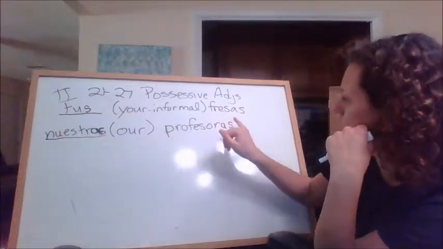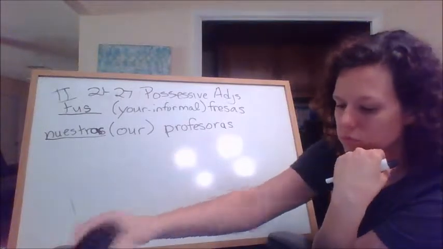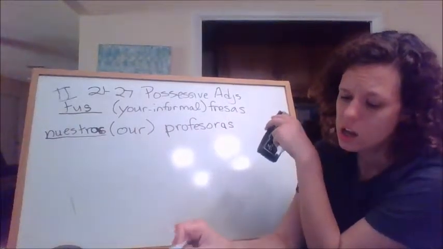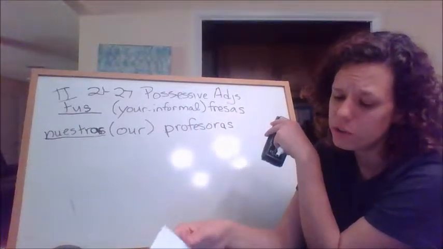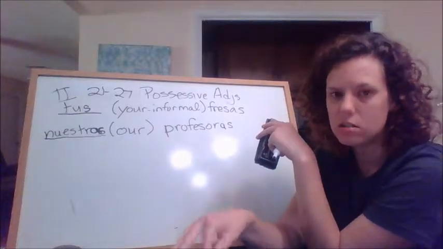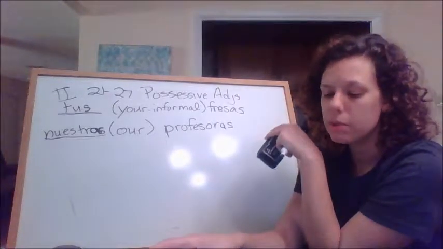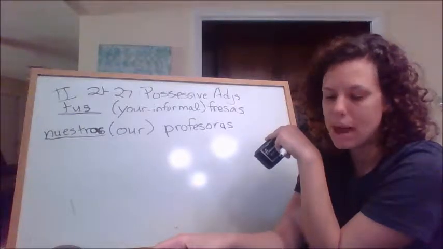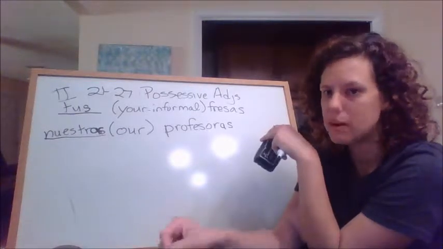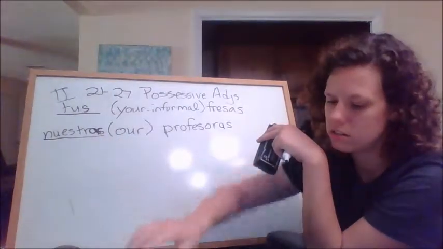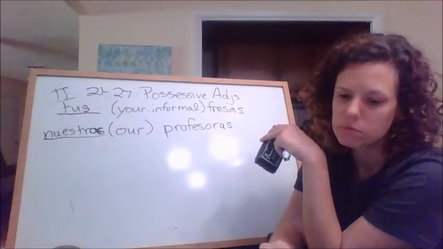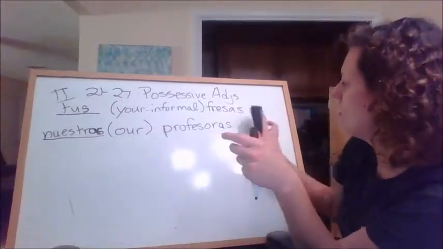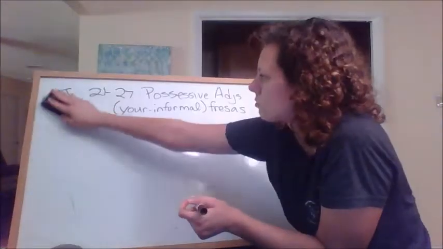Nuestro, you have to make it match in gender and number. Okay, so that's all you're doing for that one. Be careful when you look at the nouns. You've got to be able to tell if they are masculine or feminine, just in case you have this. Okay. All right. They should be pretty obvious though.